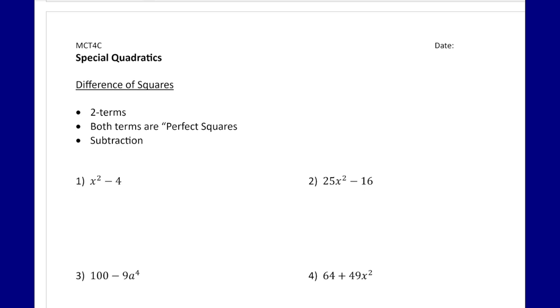So what do we mean by perfect squares? Well, if we're looking at a number, if we can take the square root of the number nicely, that means it's a perfect square.